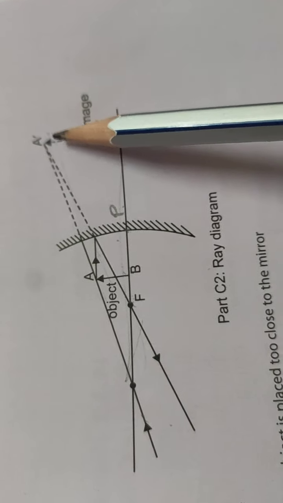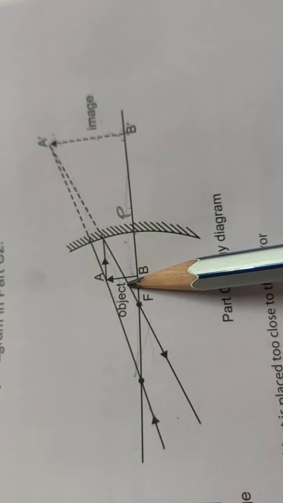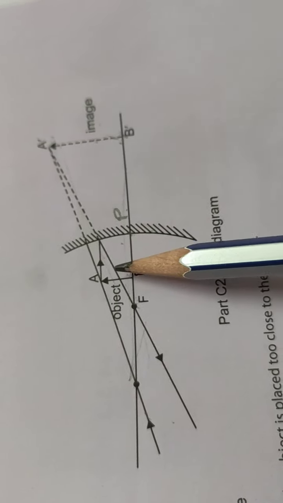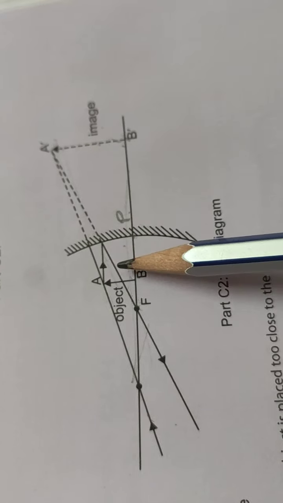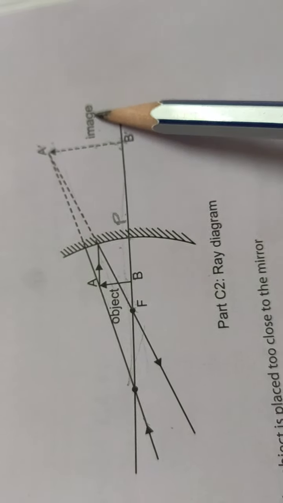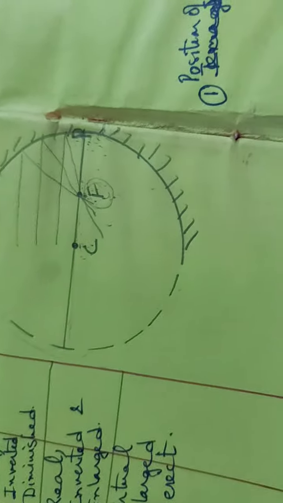Due to that, the image which we get is larger than the object. That is the first point. Second, it is virtual. And third, it is erect, not inverted. Clear? So these are the three conditions given in your book for this class.